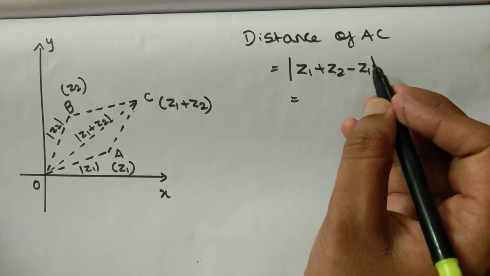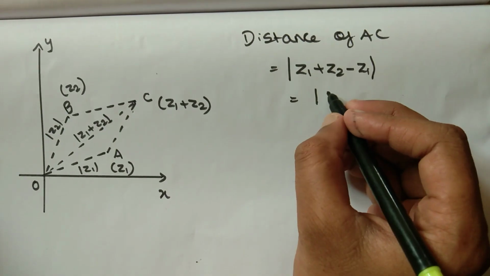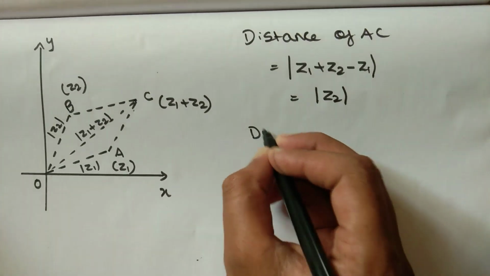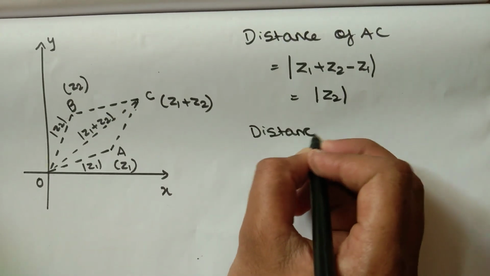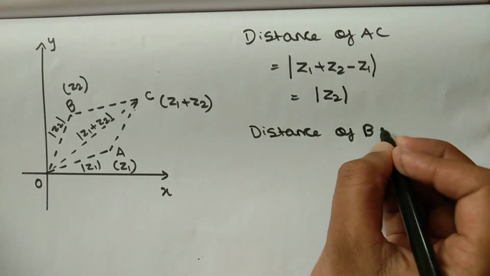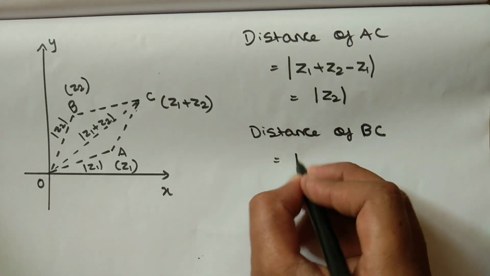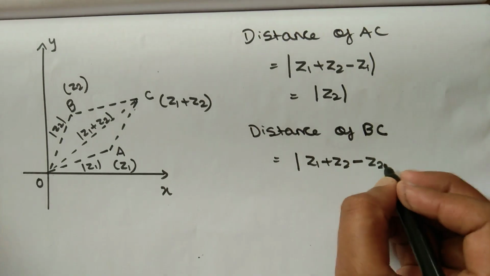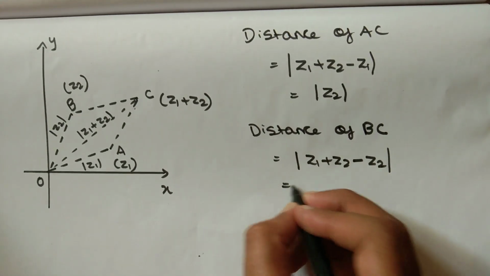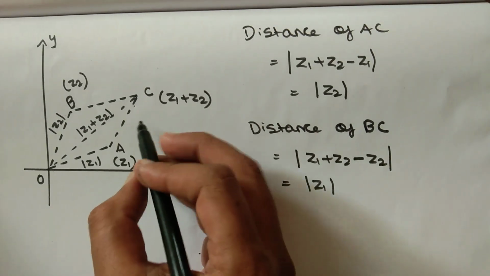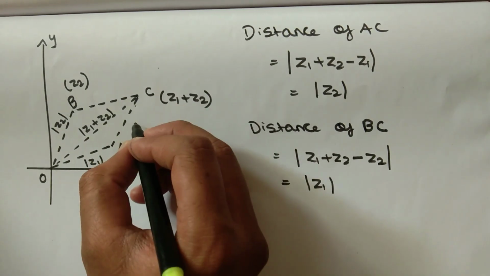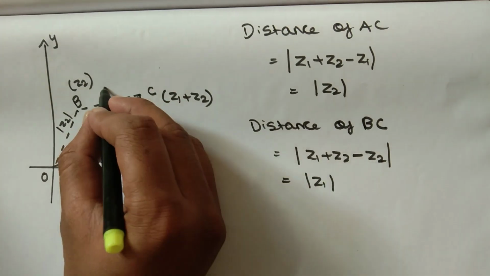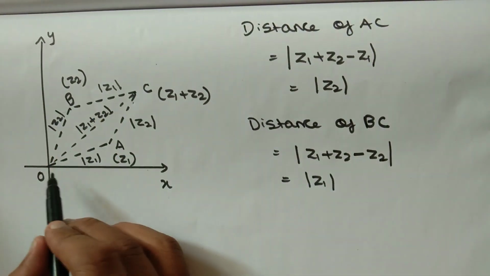Here plus z1 and minus z1 cancel, so it becomes modulus of z2, and distance of BC, z1 plus z2 minus z2, which gives modulus of z1. So distance of AC is modulus of z2 and the distance of BC is modulus of z1.